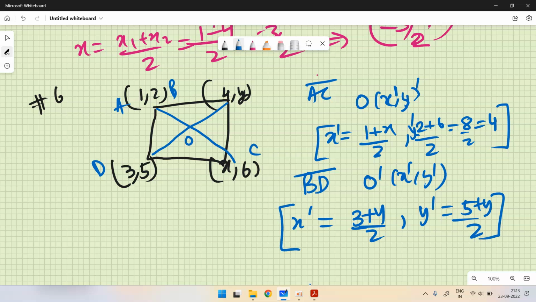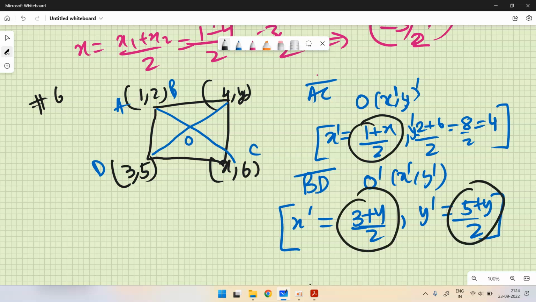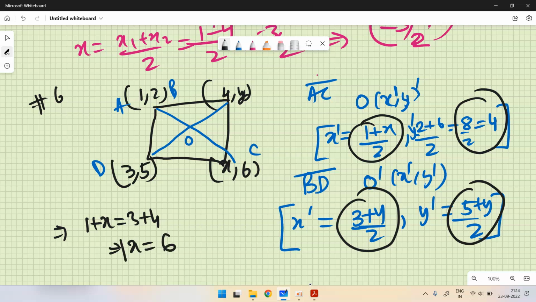Both points are the same because the diagonals intersect at point O and divide each other equally, so these coordinates will be the same. Equating, 1 plus x equals 3 plus 4, which implies x equals 7 minus 1, so x is 6. For y, 8 equals 5 plus y, which implies y equals 3.